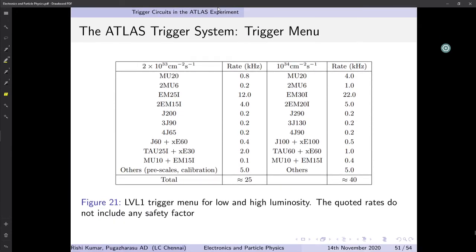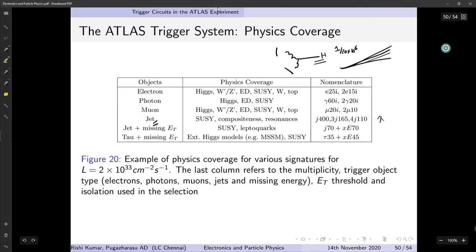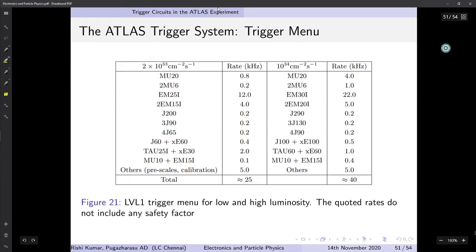And this is just the trigger menu. These are the different nomenclature for different sets of particles. These are the rates, and this is the cross section. This is for high and low luminosity. But your luminosity is very much dependent on your circuit design, so it's not something that you can tweak.